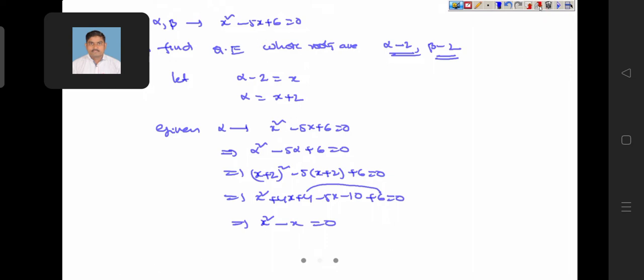So we'll take one more example. If alpha comma beta are the roots of x square minus 5x plus 6 is equal to 0, then find the quadratic equation whose roots are alpha square comma beta square. How can I find it? So solution here, see.